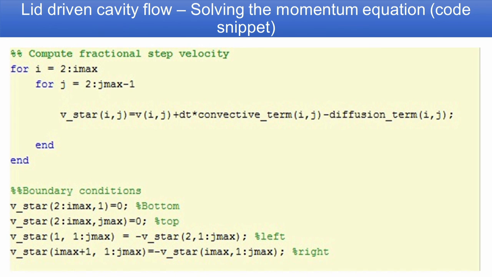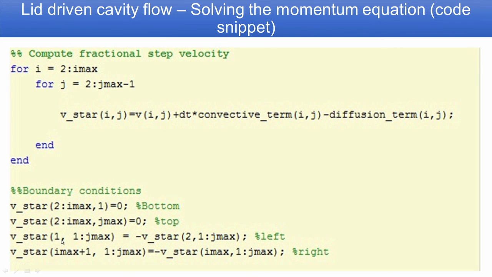Because we are following a staggered grid arrangement, we do not have a node coinciding with that wall, so we need a rearrangement in such a way that the boundary condition is actually enforced. For that purpose we have an extra ghost cell or ghost node. The average between the ghost node and the immediate node adjacent to the boundary location, that is the left side wall, is written in this form.